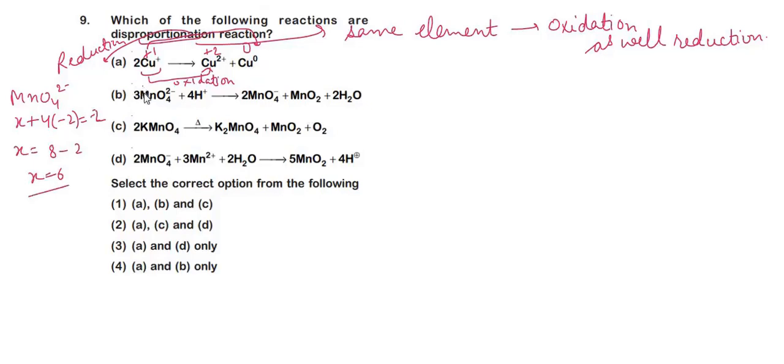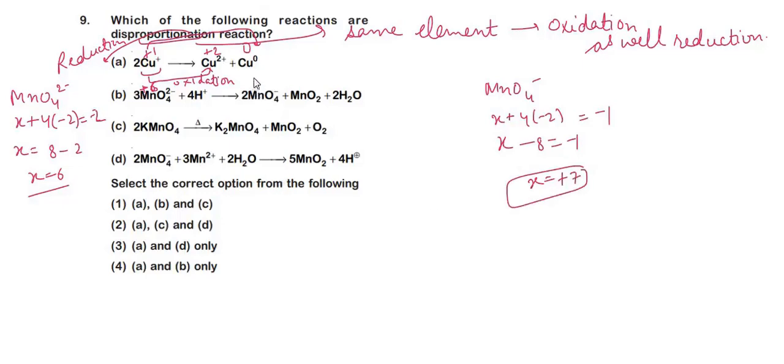So the oxidation state of manganese here is +6. On the product side, in the case of MnO4 negative, let X be for manganese, 4 into -2, and the overall charge is -1. So X minus 8 equals -1, and the X value is +7. So in MnO4 negative, the state of manganese is +7.